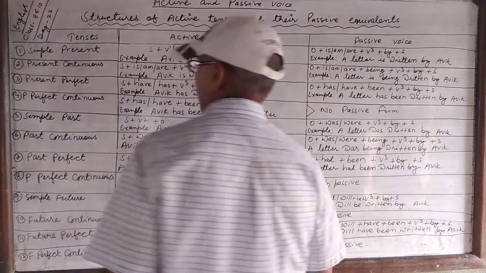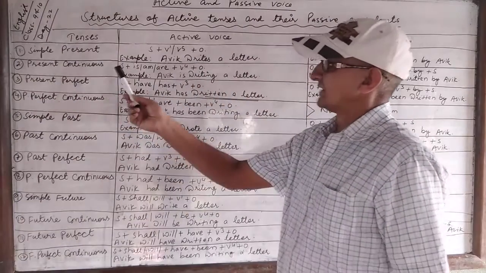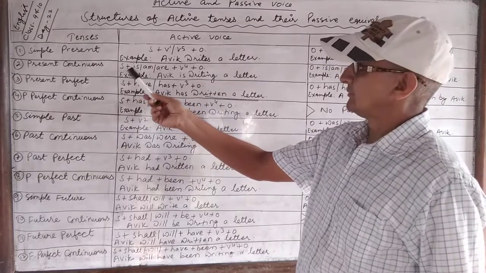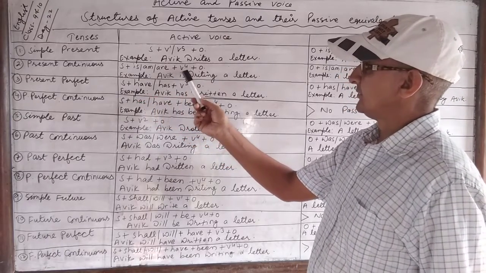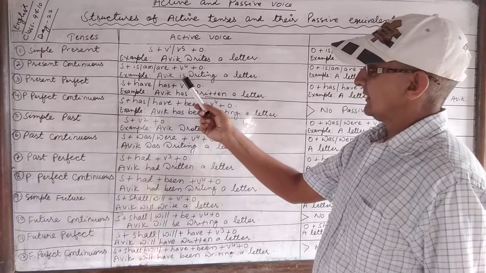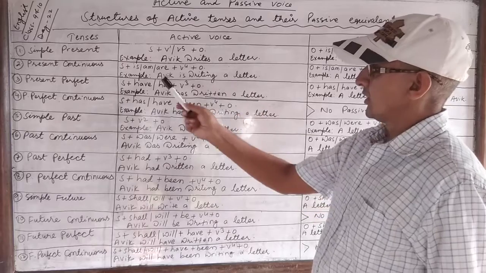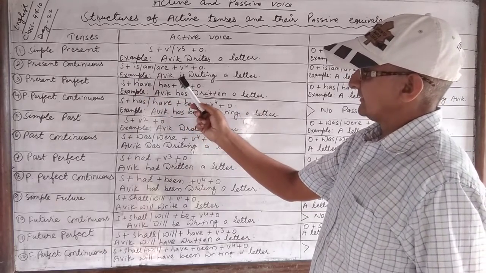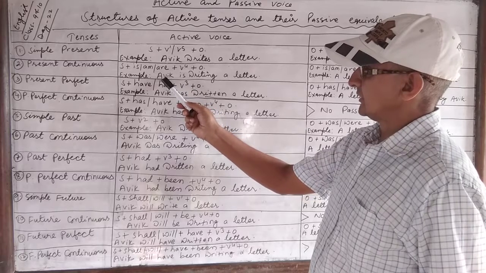Now next, number 2, present continuous tense. The structure of present continuous tense is subject plus is/am/are plus V-ing plus object. The example is Avik is writing a letter. Avik is subject. With Avik, is is used here because Avik is a singular subject.